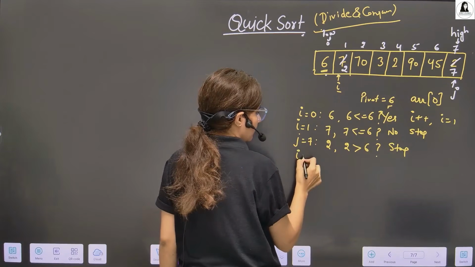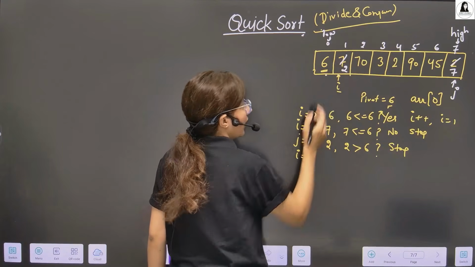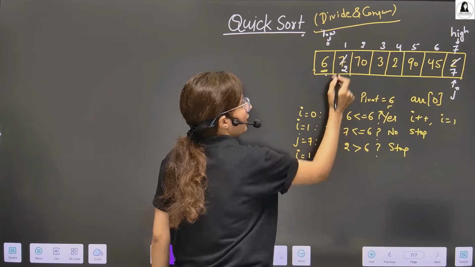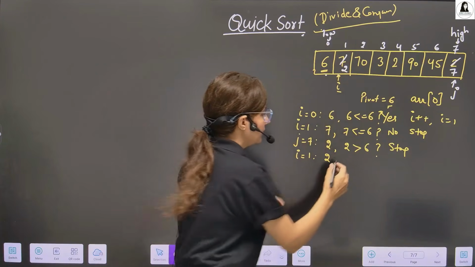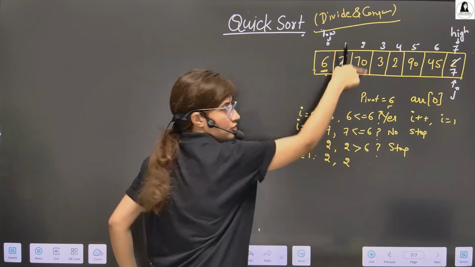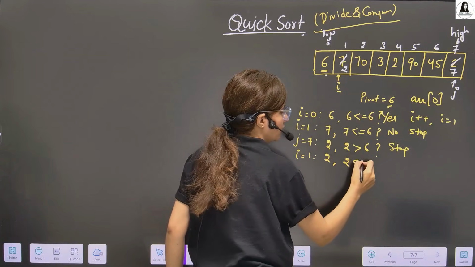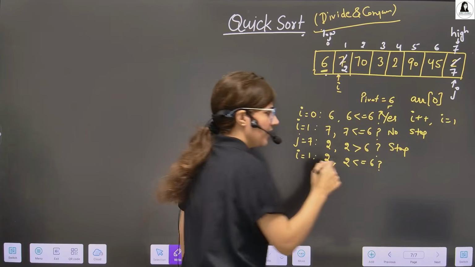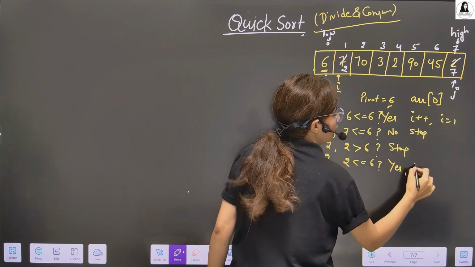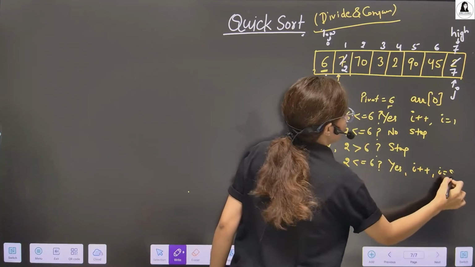Now again check. Again start. i is equal to 1. At 1 I have 2 now. Check. If this 2 is less than or equal to the pivot element, then we keep going. Is this less than or equal to 6? Yes. Then keep going. Keep going means do i plus plus. Now i becomes 2.